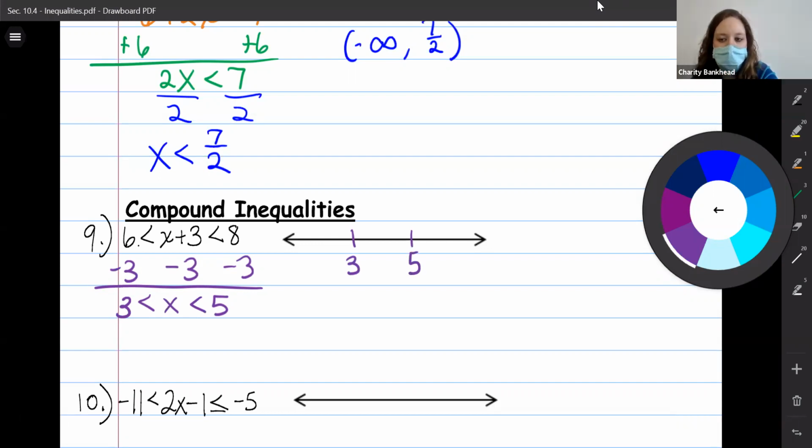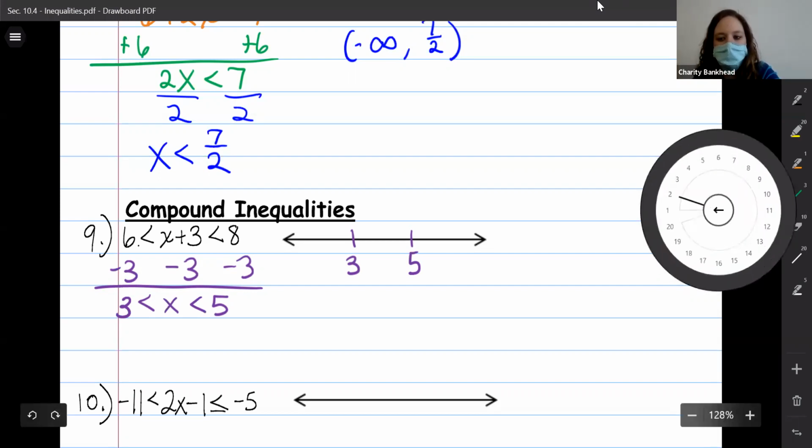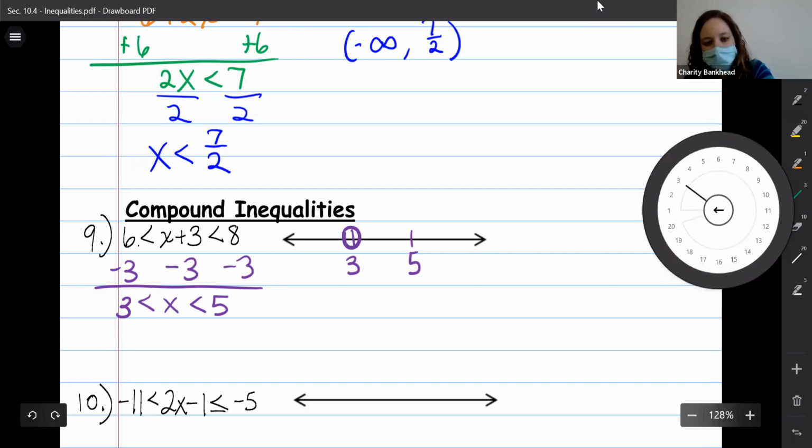And neither one of them have the or equal to, so it's just going to be open circles. And so this is saying that x is between 3 and 5. So I'm going to shade the middle part right there. And then for my interval notation, it's parentheses 3, comma 5.